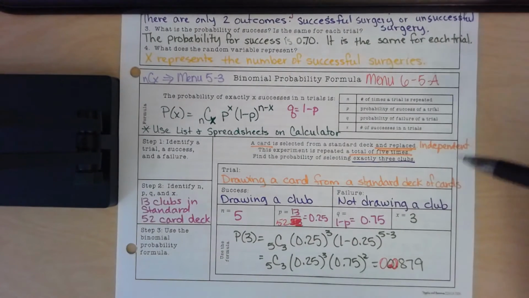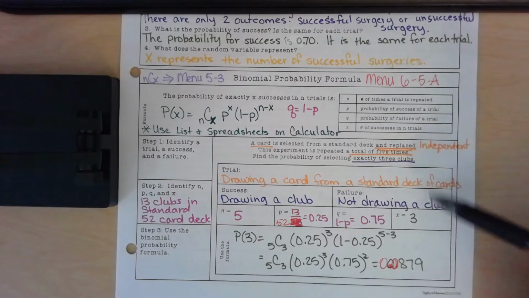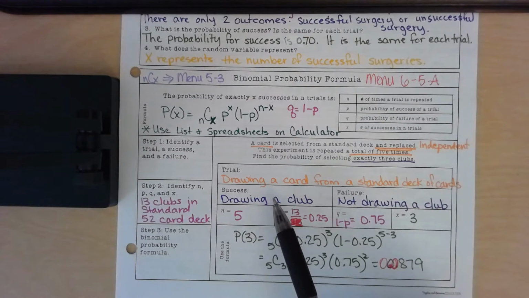So a card is selected from a standard deck and is replaced, which makes it independent. This experiment is repeated a total of 5 times. Every time it's pulled out, it's put back in. We want to know the probability of picking exactly 3 clubs. So our trial is drawing a card from the standard deck. Our success is that we drew a club.